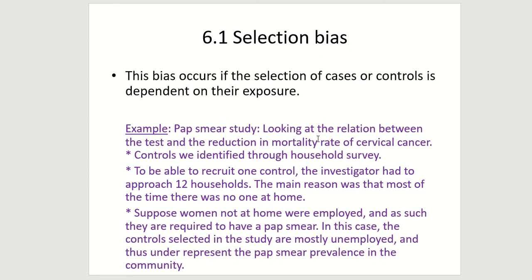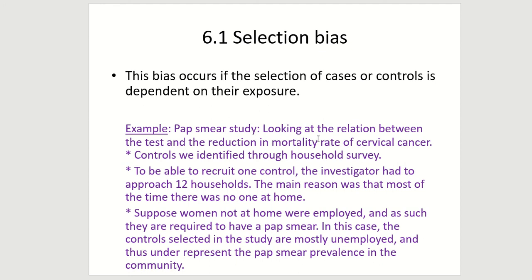Okay, so they take cases and controls, and the controls are those who don't have cervical cancer. They went to the community to get them. The best way is to sample the community, and if you have a good representation of the community, that would be wonderful. However, they may have underrepresented employed women and overrepresented non-employed women, which automatically means that in your control you have a lower representation of the working women, who would be taking the pap smear at a higher rate than the non-working women.